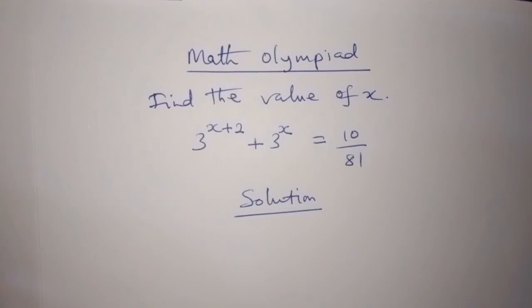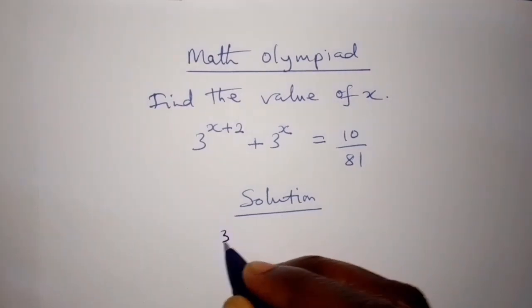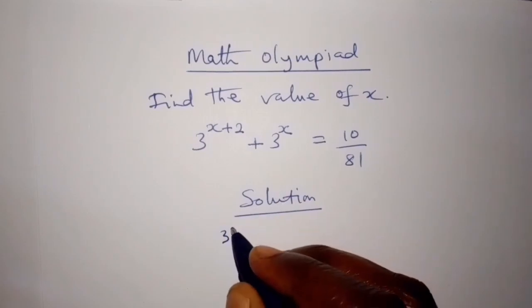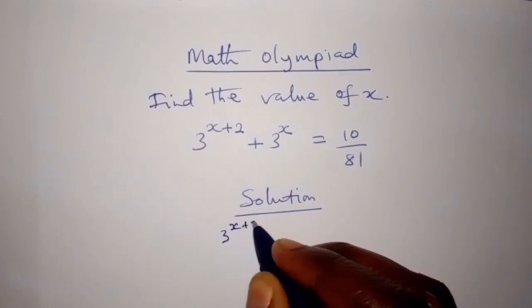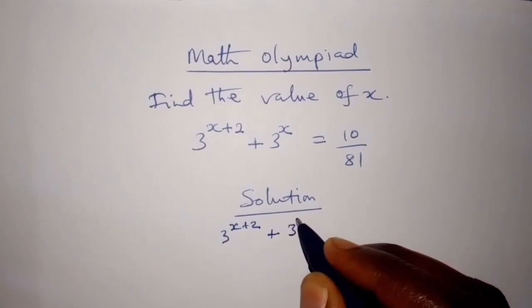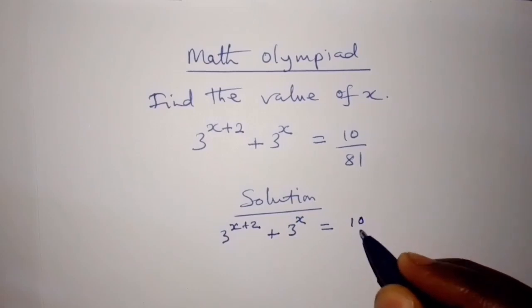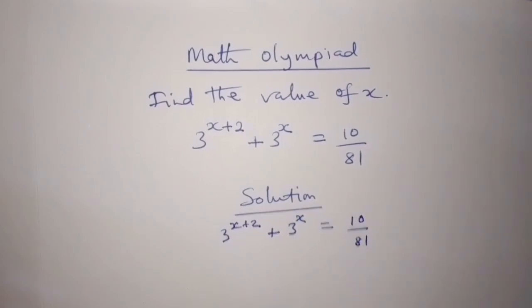Find the value of x. 3 power x plus 2 plus 3 power x is equal to 10 over 81. So we can write this as 3 power x plus 2 plus 3 power x is equal to 10 over 81.